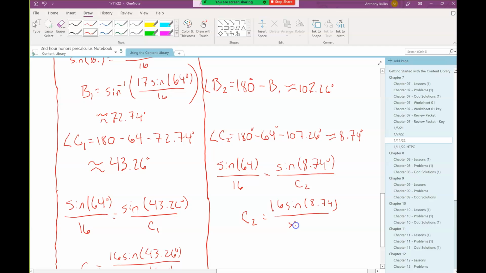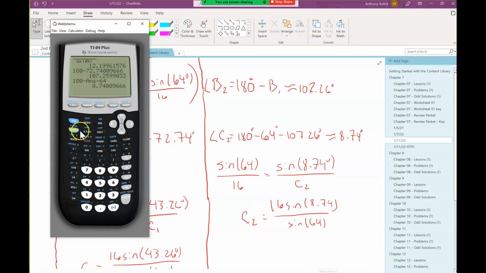I'm sorry, I meant we're dividing by sine 64. And then it's calculator time. Again, I skipped the cross multiply and divide step, or showing the work for that, but it seemed like we were good there. So I get 2.71.